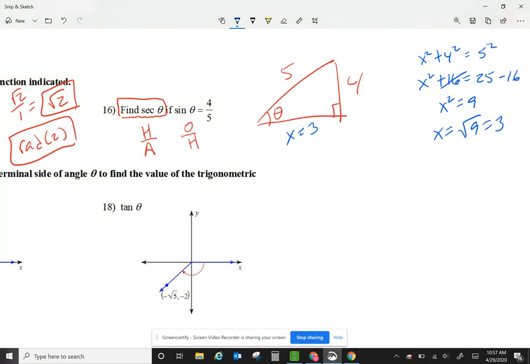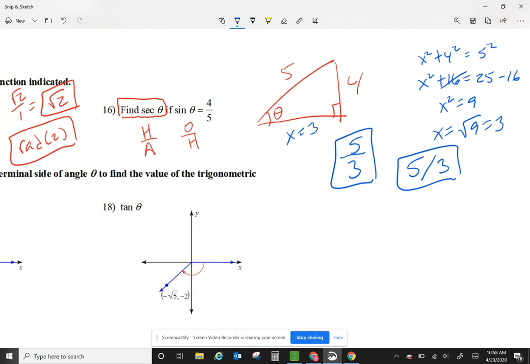Now, sine, I said, is opposite over hypotenuse, which is what was given. Now, secant of theta is hypotenuse over adjacent. So I'm just going to write this as 5 over 3. The way I will type this will be 5 over 3.